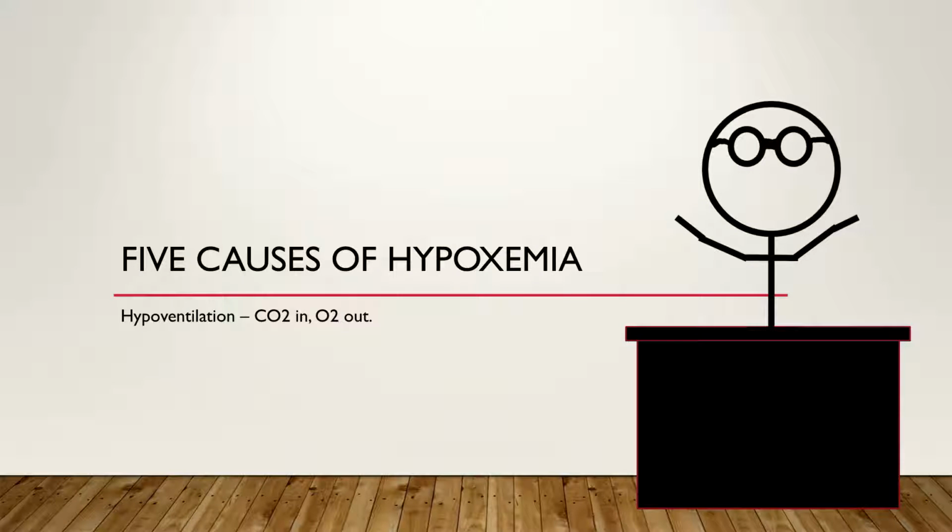There are 5 things that can cause hypoxemia. The first mechanism is hypoventilation. Now, the alveolus is a gas-filled space, and when one of the constituent parts of the gas, whether that's nitrogen, oxygen, or CO2, goes up, then there's only a certain amount of room and the concentration of one of the other gases has to go down.